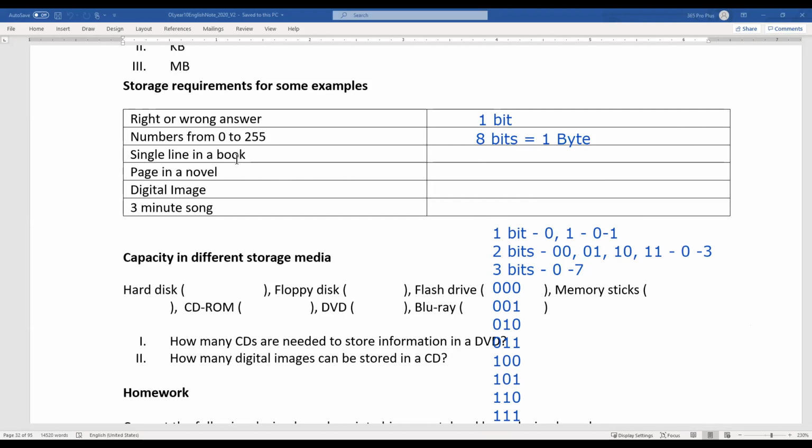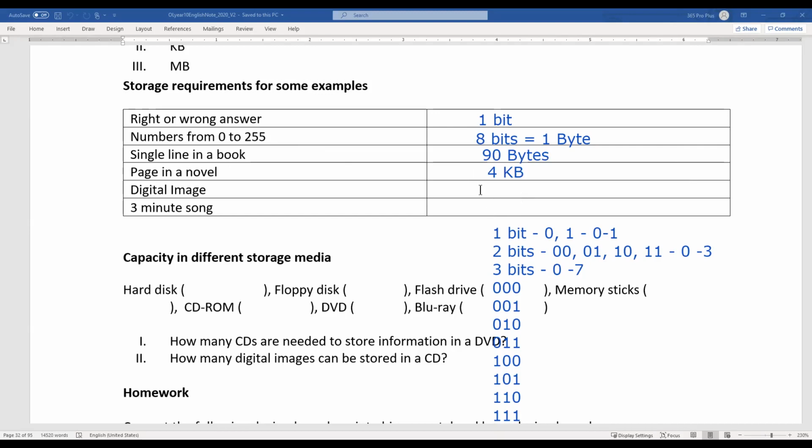And roughly, we will discuss this later on. If you take a single line in a book, assuming that one character is 1 byte, usually we need about 90 bytes. If you take a page, at least something around 4 kilobytes, this is an approximate value.